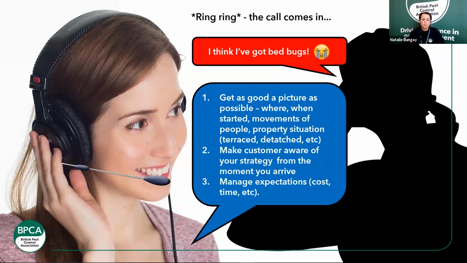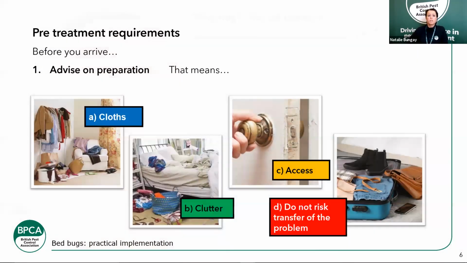Okay, and then obviously you do your site survey. So as well, when they call in, pre-treatment requirements, so before you arrive, there are many things. And again, this comes down to that first contact and trying to really explain to a customer how important it is that they carry out any pre-treatment recommendations that you have.